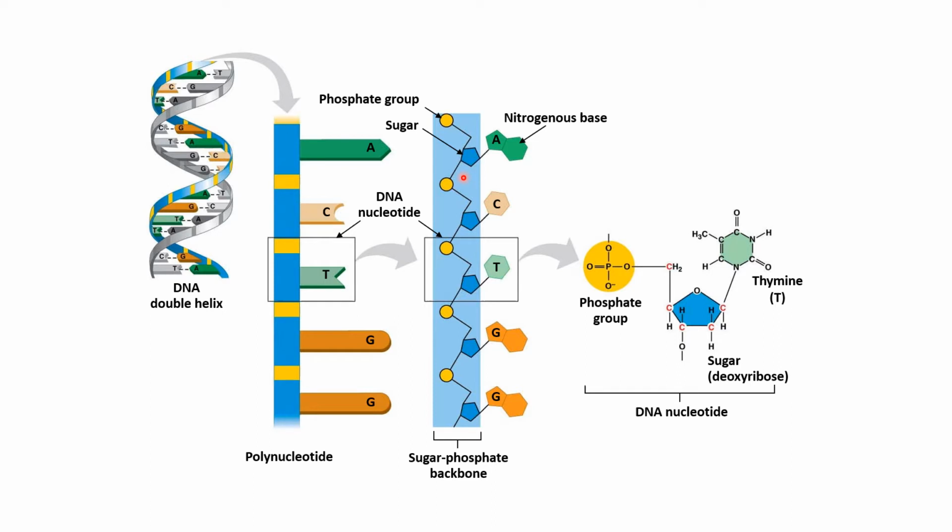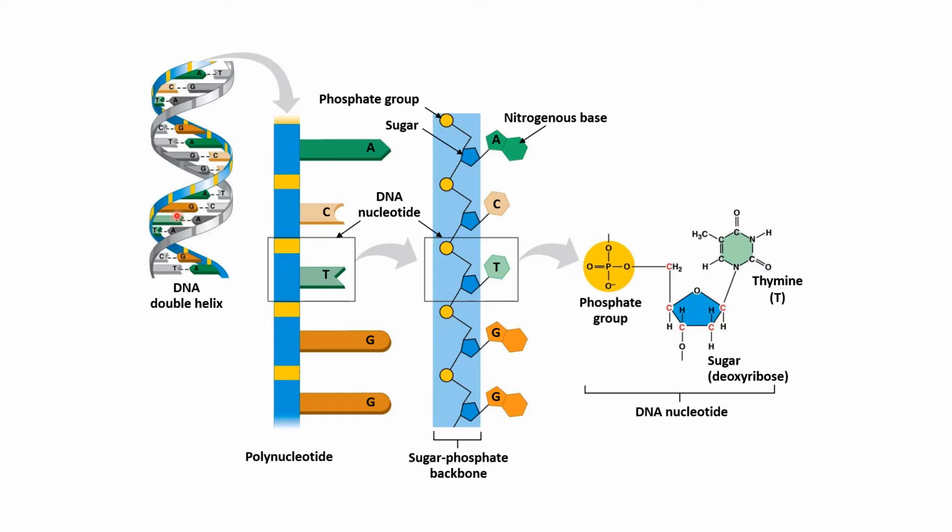Those backbones of your DNA are made up of sugar groups and phosphate groups just repeated. So you have a phosphate bound to a sugar, bound to another sugar, bound to another phosphate, etc. So those repetitive sugar and phosphate groups make up the backbone of our DNA.